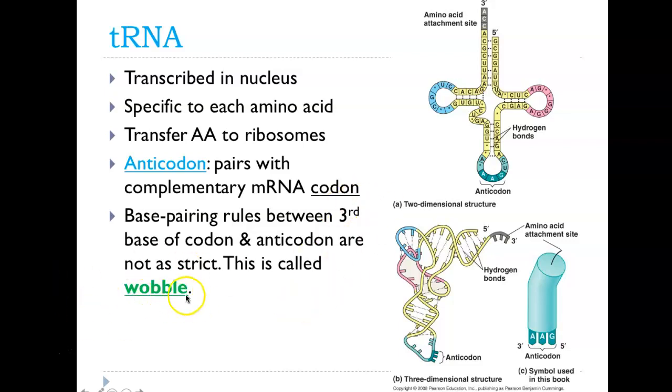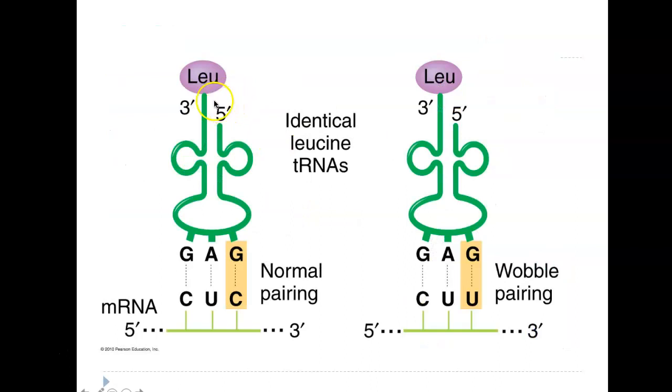There's this thing called wobble. Wobble means the third base of the anticodon isn't very strict with what it matches with. And that's not a problem. I'm going to show you an example. So you see that this tRNA right here, the green thing, has the anticodon GAG.